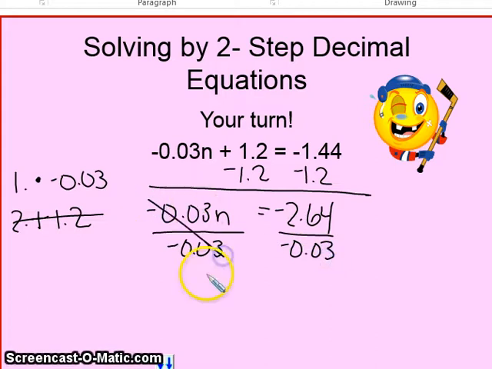Over here I get 1, dividing anything by itself is 1, and then n. Negative 2.64 divided by negative 0.03 gets me 88. So n equals 88. Now if I wanted to know if that worked, I could plug it in for n in the original equation and make sure it was a true statement.